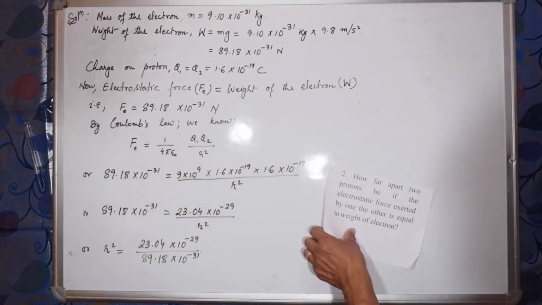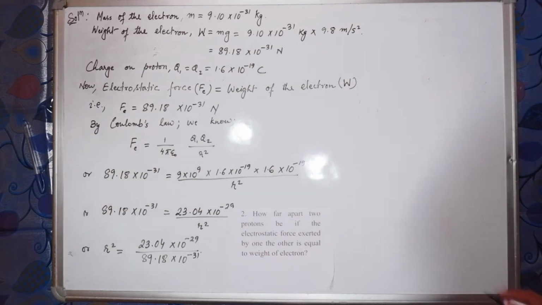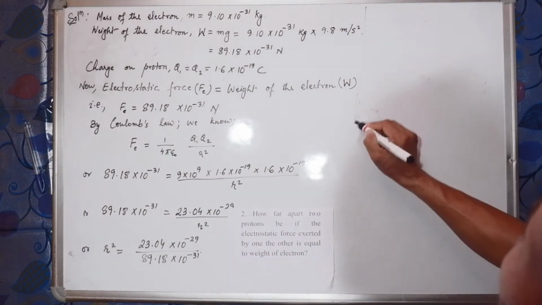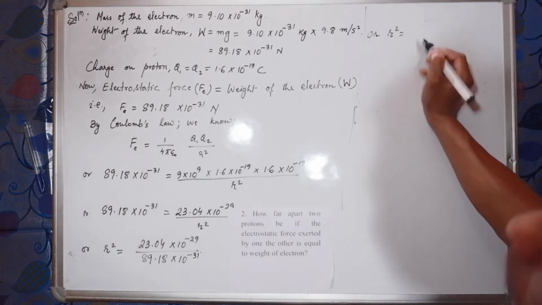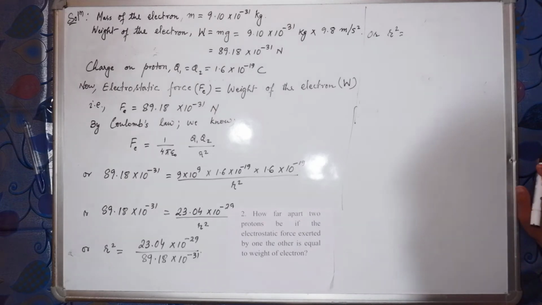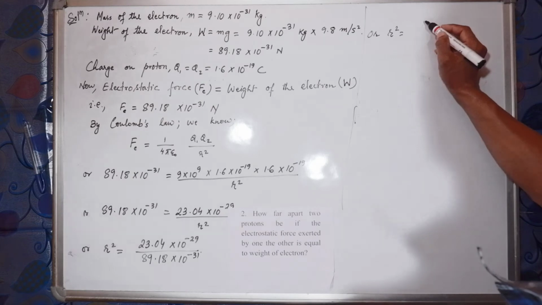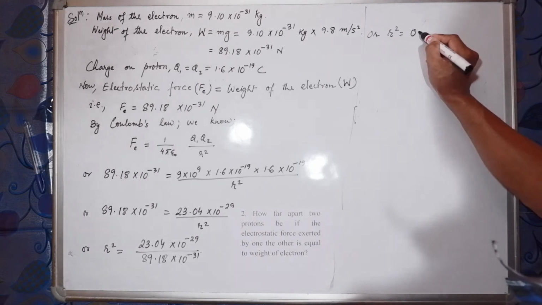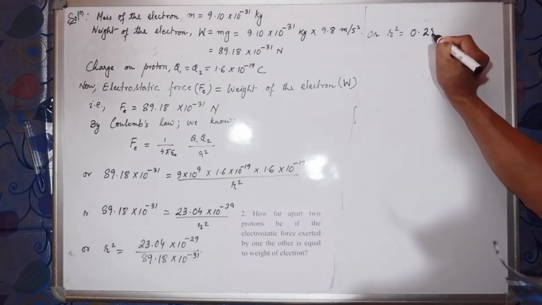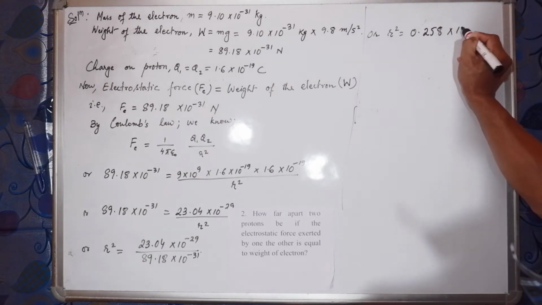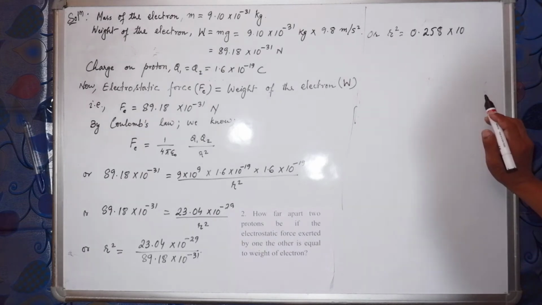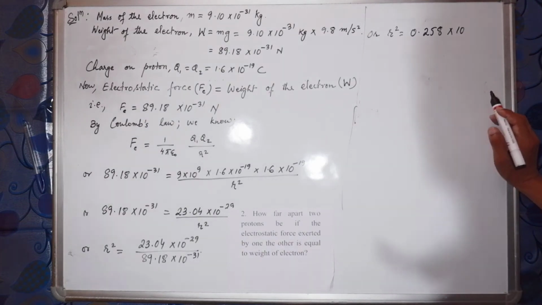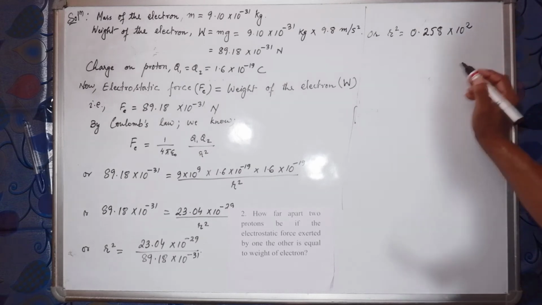If we divide 23.04 by 89.18, we get 0.258 into 10 to the power, here it is 29, here 31. When we bring it up, instead of minus 31 it will be plus 31, so only 10 to the power 2 remains.